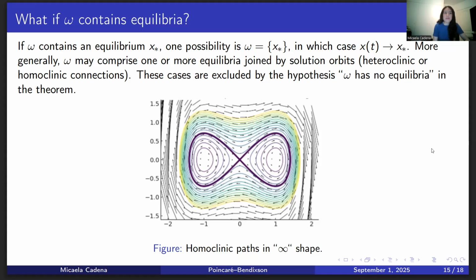But more generally, the omega limit set could have one or more equilibria which are connected by paths, which are solution orbits, and we call these cases heteroclinic or homoclinic connections. And here I have an example of a homoclinic path, which has an infinity shape, and here our equilibrium point would be right at the center at 0.